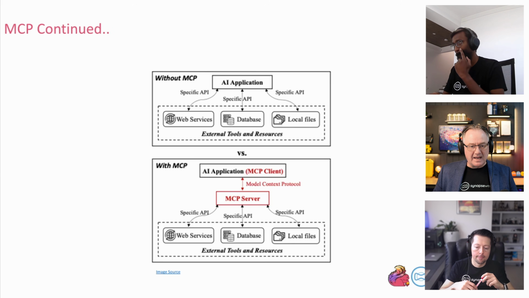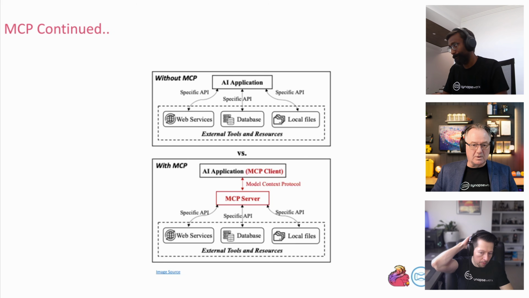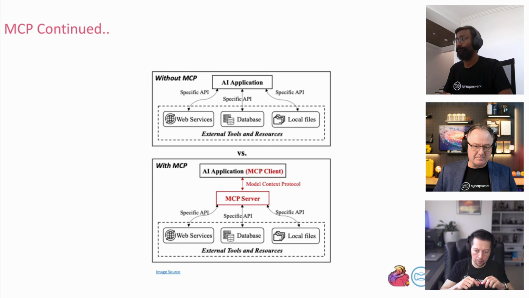How you interact, i.e., what the client is that interacts with the MCP server, is where the AI application or the AI agent or the LLM starts to come into play, and it's only the LLM interacting using MCP protocols with the MCP server. Is my understanding correct?